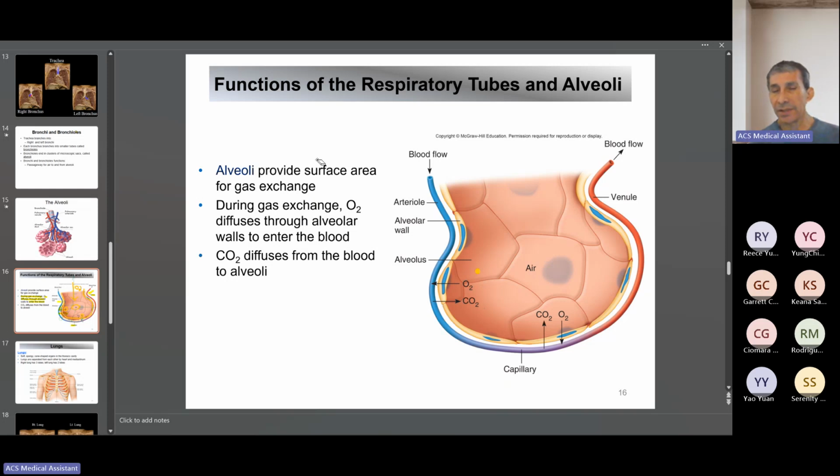So remember, oxygen goes from the alveoli or air sacs into the bloodstream, and carbon dioxide goes from the blood to the air sacs. Because the blood is the one that brings the carbon dioxide, the wastes. We have to remove it. So when we breathe out, we remove carbon dioxide.